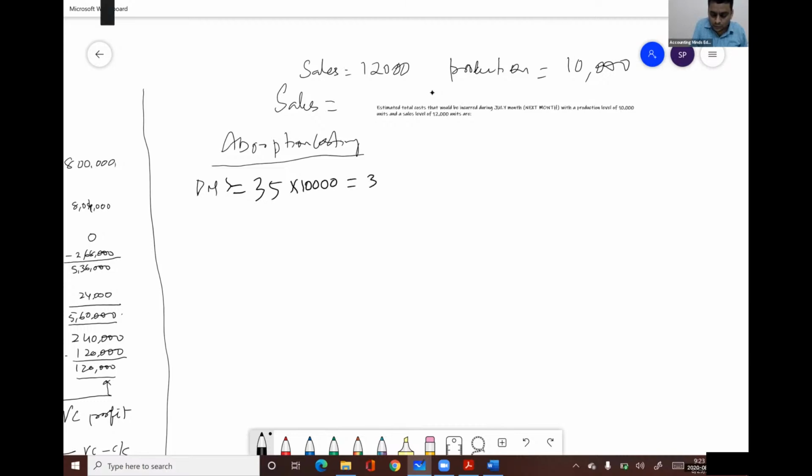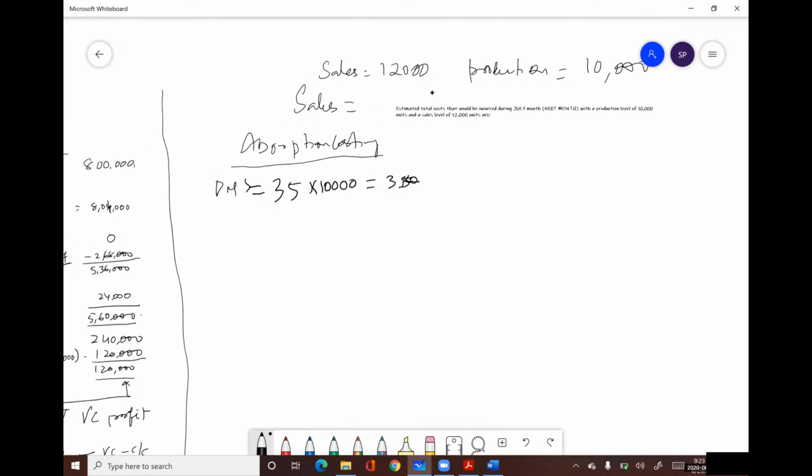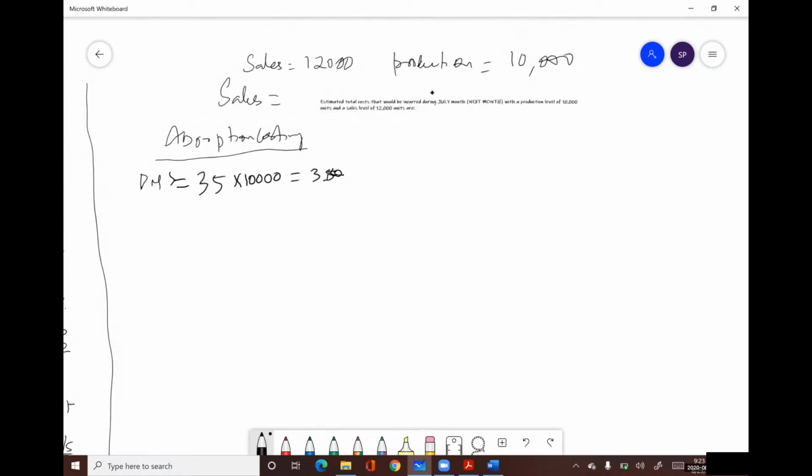How much is that? 3,50,000. Three lakh 50,000.